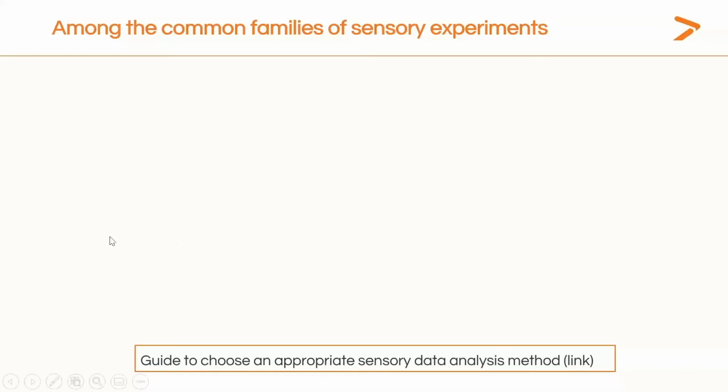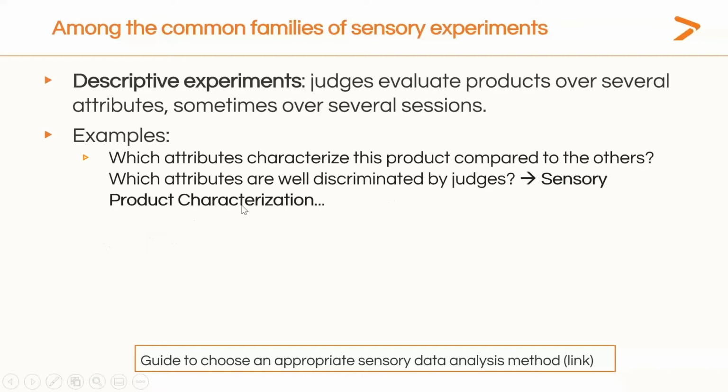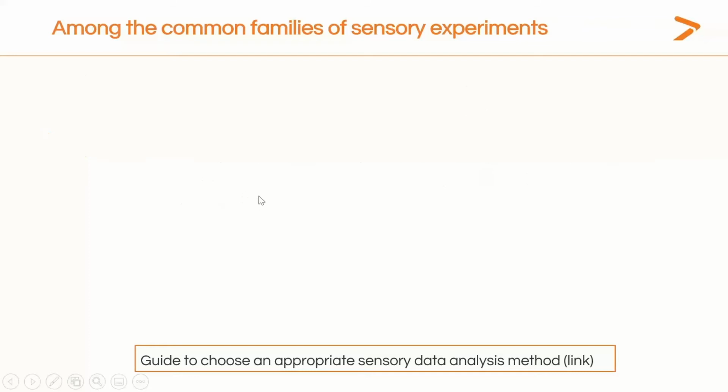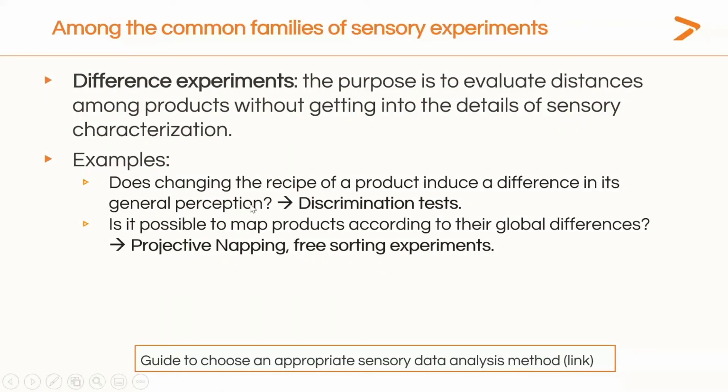And we'll also have a look at sensory product characterization, which will help us get more into the details of which specific attributes characterize this product or this other product. Of course, descriptive experiments are more expensive, more hard to set up as compared to difference experiments.